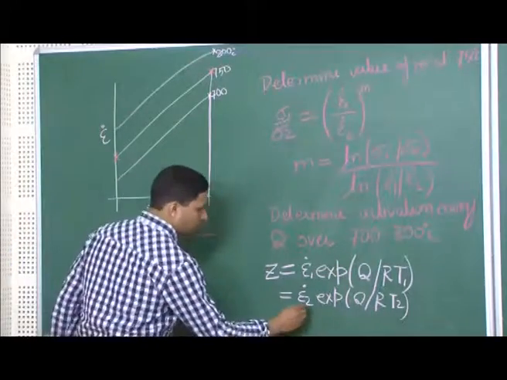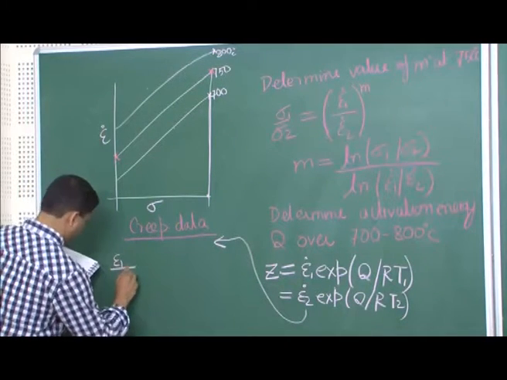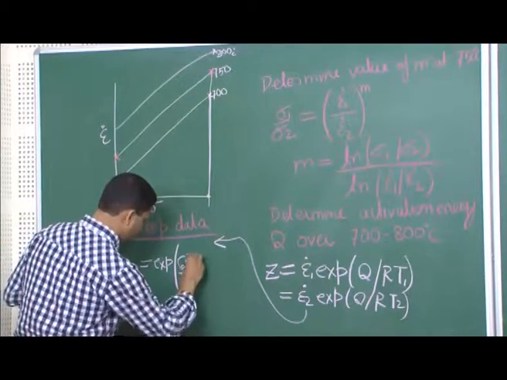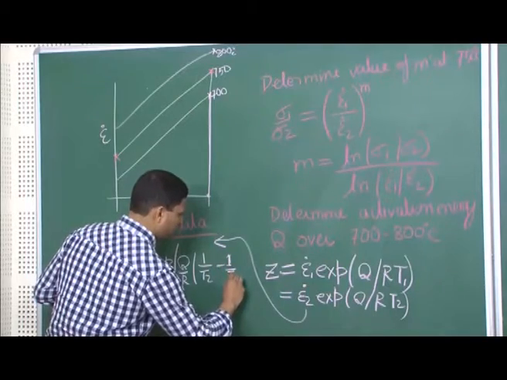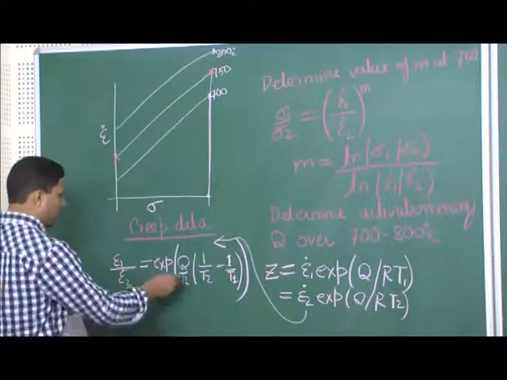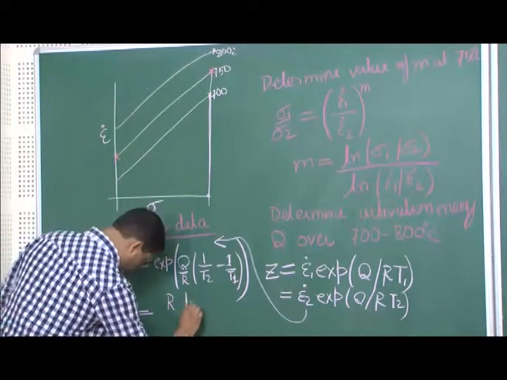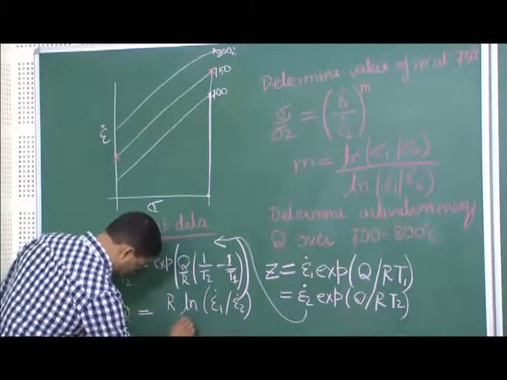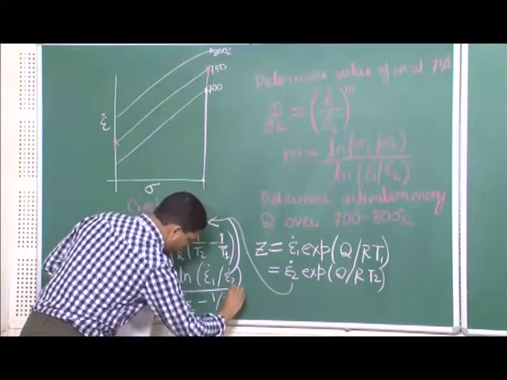And once you have this, then we get... Now beyond this, it is just a matter of manipulating this equation, and you can show that Q would be equal to R ln of strain rate 1 by strain rate 2, divided by 1 over T2 minus 1 over T1.